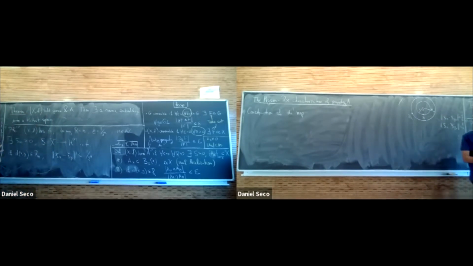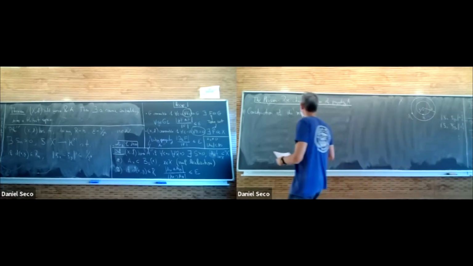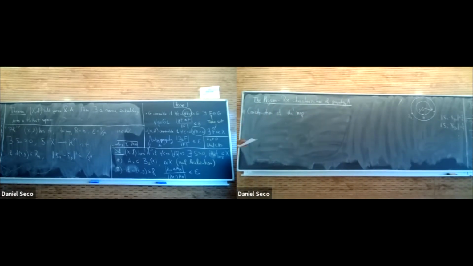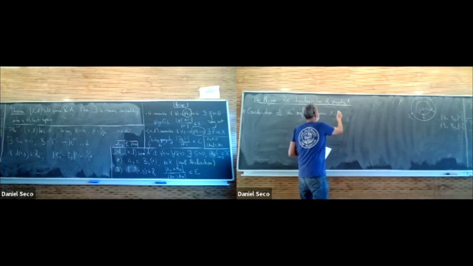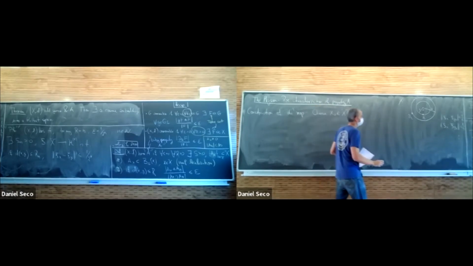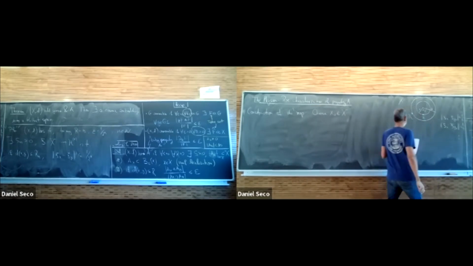I will not do the other one, but the first one. So choose an X naught, an arbitrary root, a distinguished point in X.